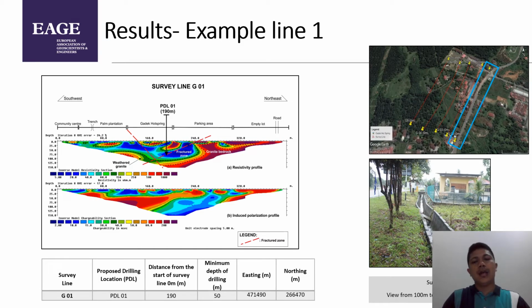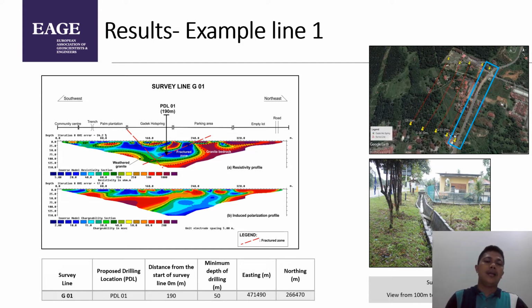Okay, this is an example of the result. We have 5 lines. Today I would like to share the most promising one, where we performed the drilling program. Here you can see the proposed drilling location, PDL number 1, with a low resistivity value, which is interpreted as a fractured zone.